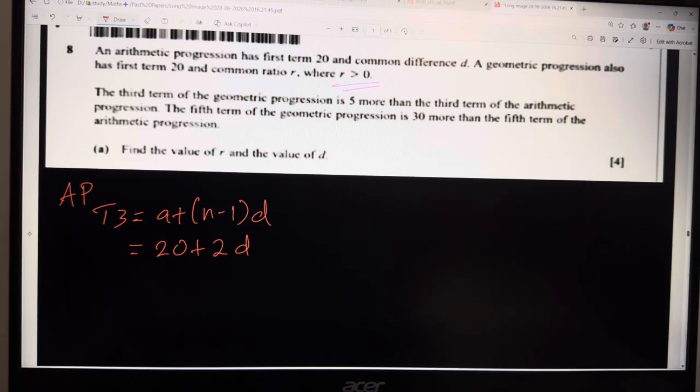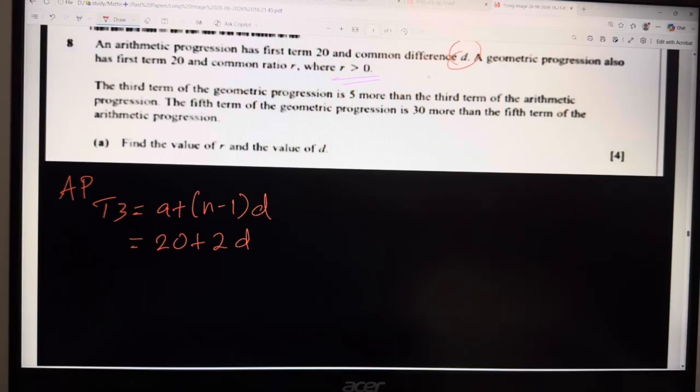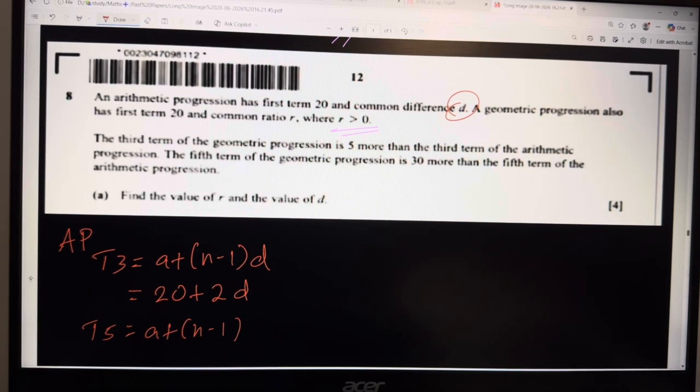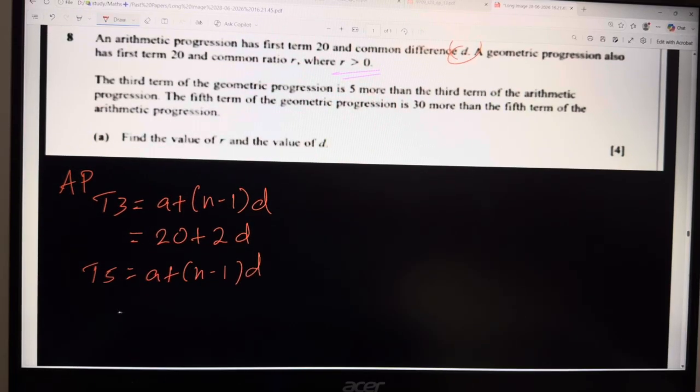We don't have d, d is just a constant right now, so we can leave it. And the fifth term is again a plus (n minus 1)d, which becomes 5 minus 1 is equal to 4, 4 times d is 4d, so 20 plus 4d.